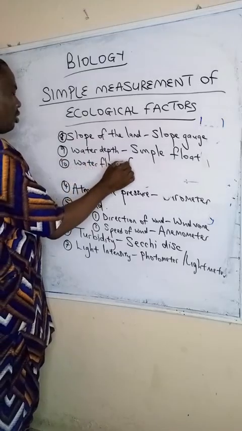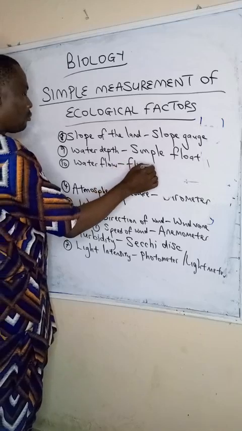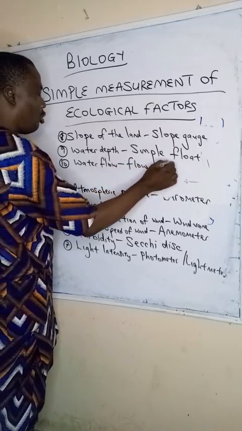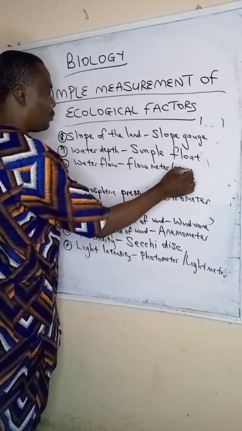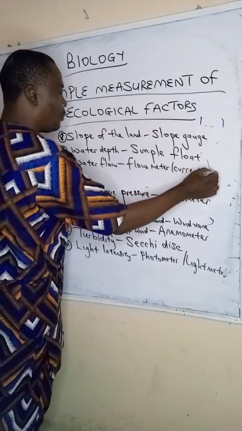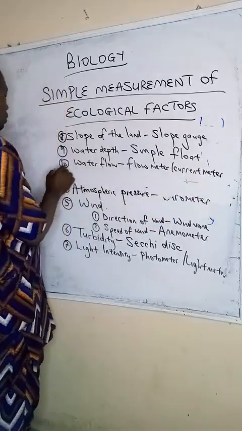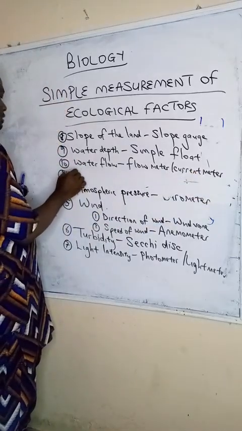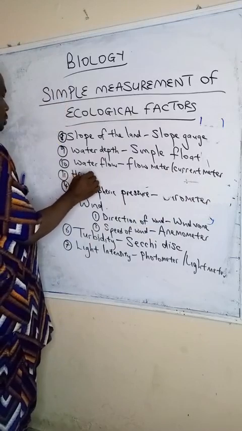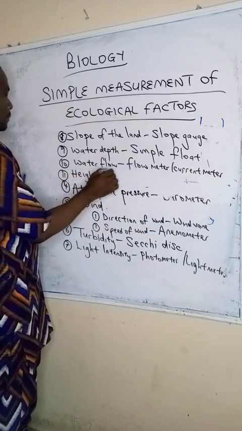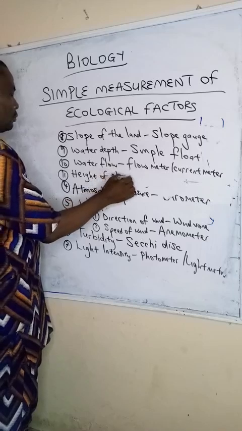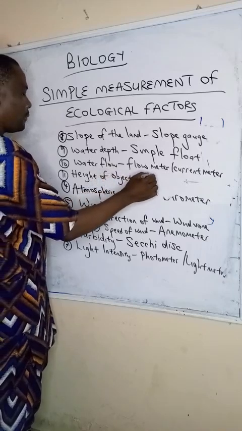This is measured with a flow meter, or you can also call it a current meter. Then height of objects. This is measured with the altimeter.